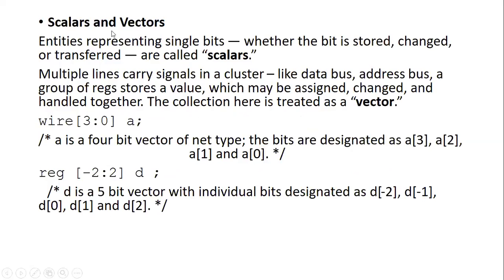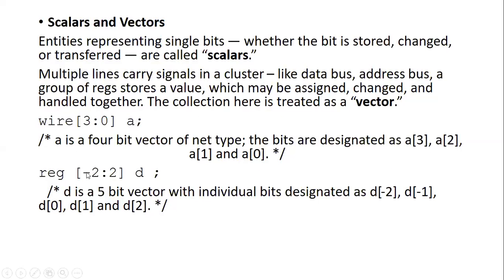Now, the next one is scalars and vectors. A variable represented as a single bit is a scalar. A variable represented as a cluster is a vector. So wire [3:0] A represents that A is a vector which is 4 bits in size.